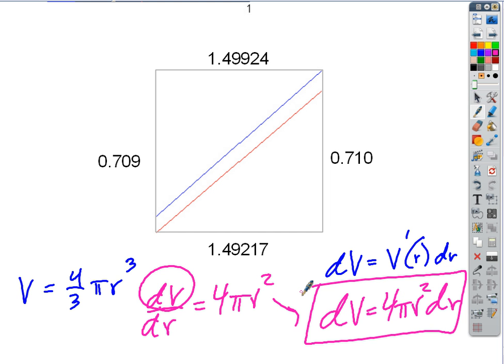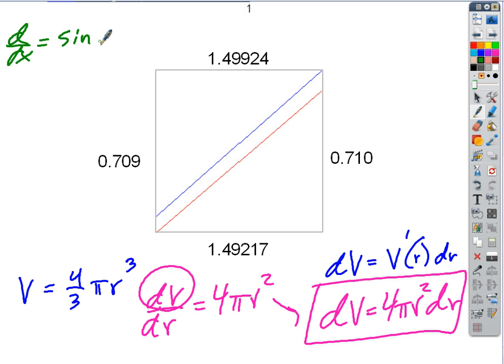All those derivative forms that you have learned can be rewritten as differential forms by just multiplying both sides by dx. I don't want to get too far off track, so I'll give you one quick example.